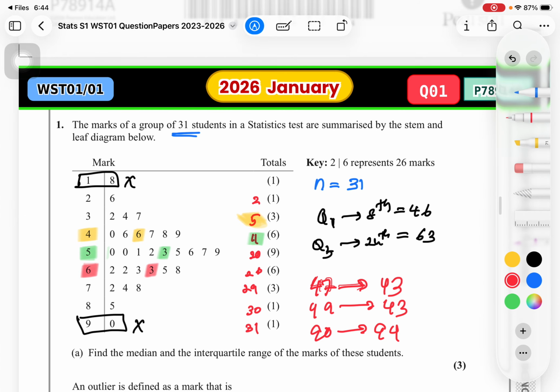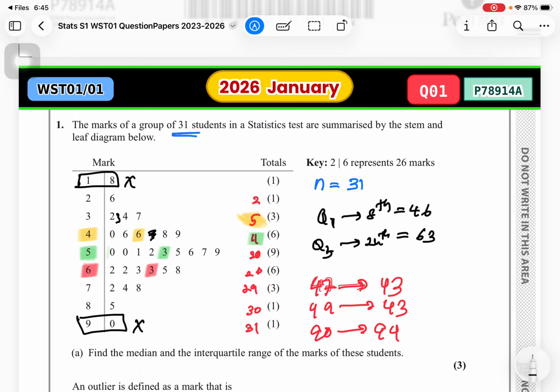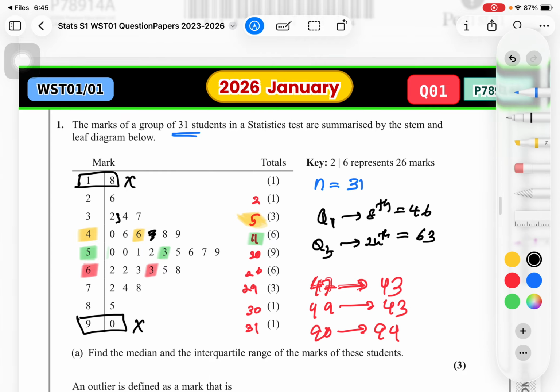What has happened is a 43 is added. 43 is somewhere here. Sorry, it's 33. The next one again, 49 is replaced by another 43. 90 is replaced by 94. That's what has happened.